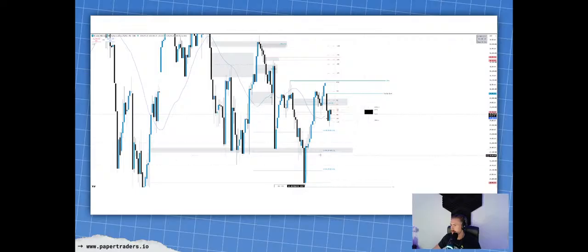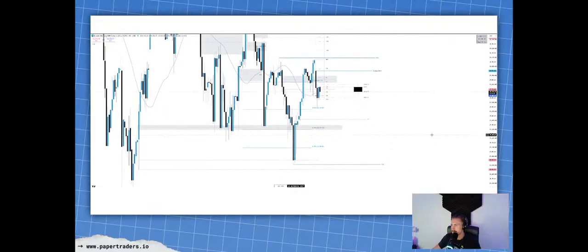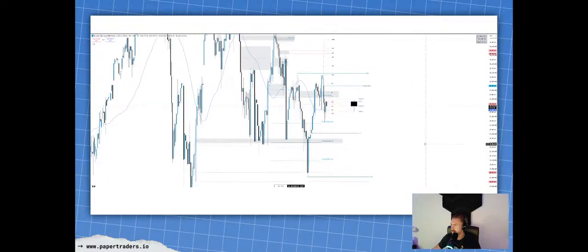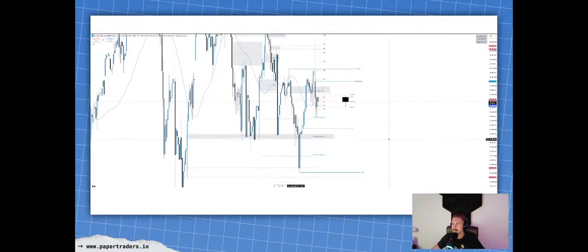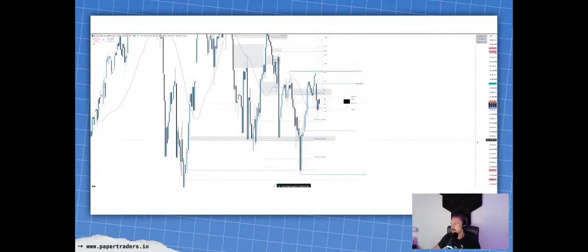Okay, there's a little volume imbalance over here. Okay, volume imbalance right there. This almost looks like a little inverse head and shoulder. Let's see.